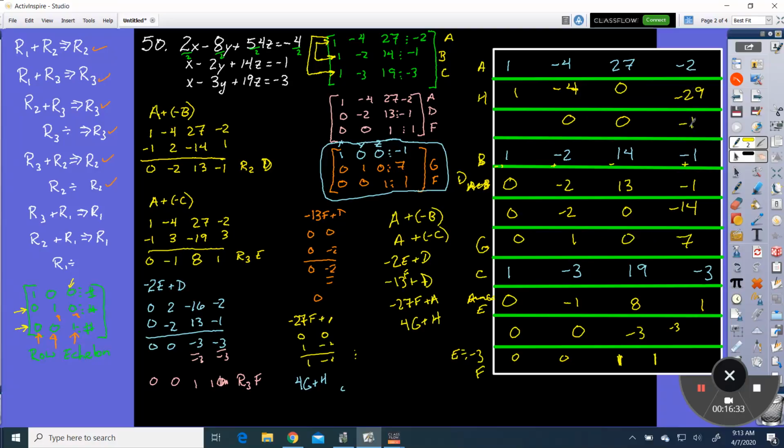Minus 29 is negative 1. And that 1 stays the same because I used this row that had a 0 there. So then these are my answers that go in the matrix: 0, 0, 1, 1, 0, 1, 0, 7, and 1, 0, 0, negative 1. So just another way of looking at it using that table.